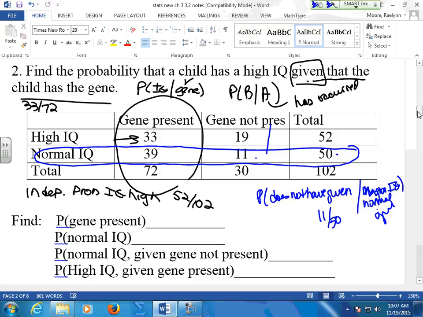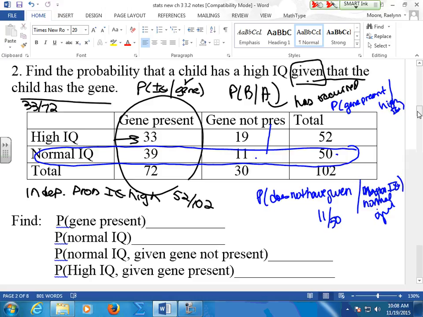Okay, so see, we can go that way as well, right? Okay, find the probability that the child does have the gene present, given a high IQ. The probability that the gene is present, given a high IQ.